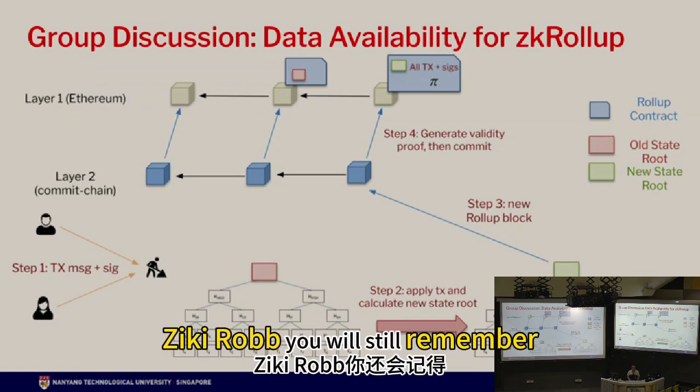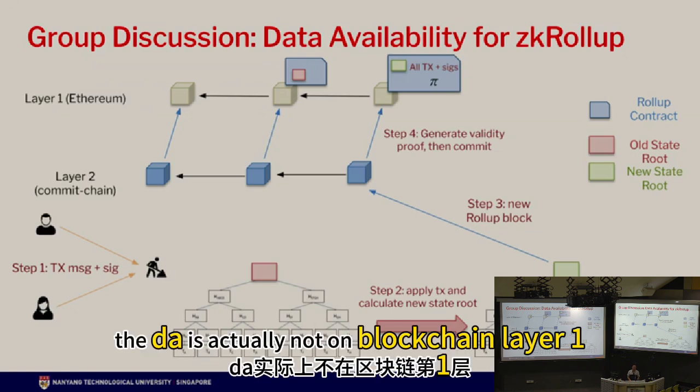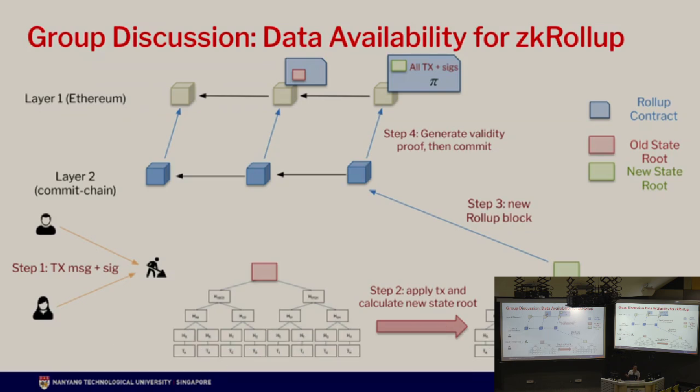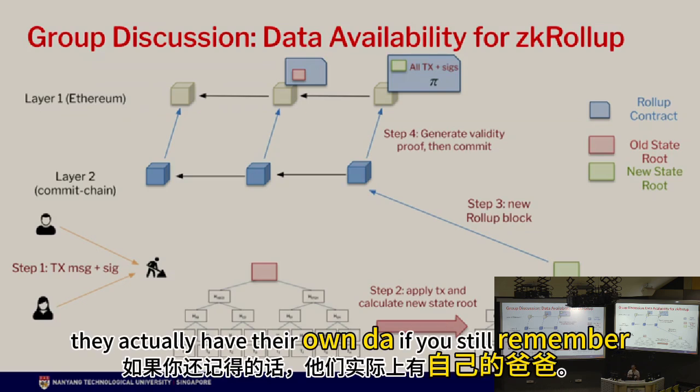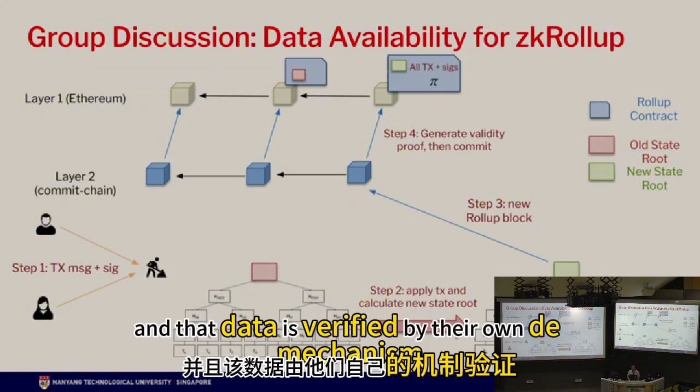Actually, there's another type of ZK rollup you may still remember. We call it ZK Plasma or StarkEX. The DA is actually not on blockchain layer 1. They have their own DA to store the data, and that data is verified by their own DA mechanism.